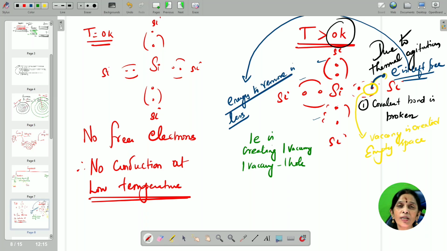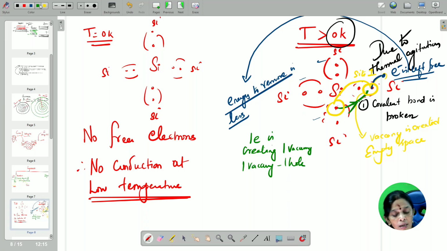This one hole, what does it do? It tries to snatch the electron from the neighboring covalent bond. So, it tries to pull out this electron. The electrons are pulled out and then occupy the place. When the electron is pulled out and occupies the place, apparently this hole will come and occupy this position. Can you see the hole movement? Already the hole was in the first site.